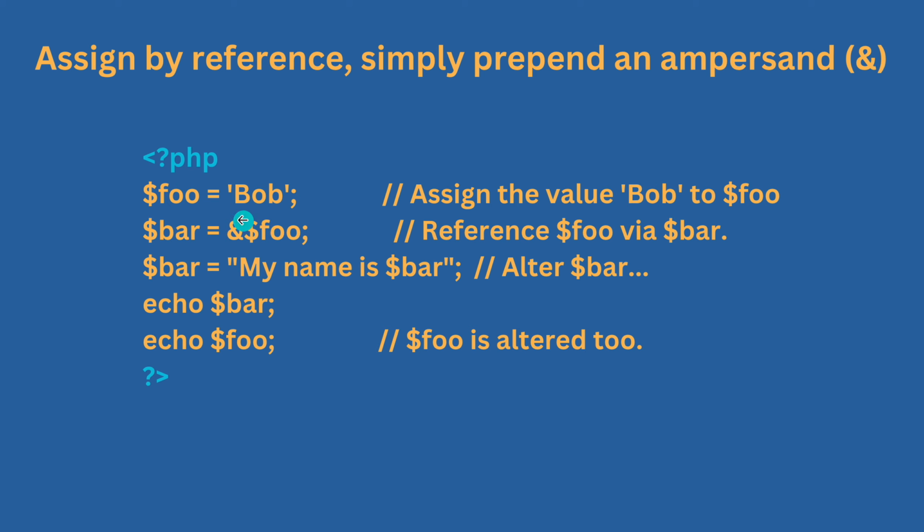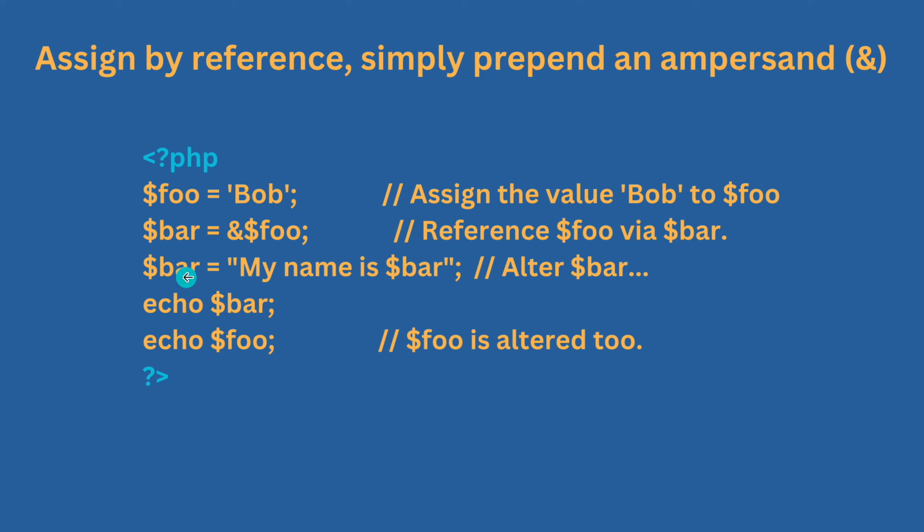We are giving a reference of this variable, the address of the location in memory where this is stored. I am giving this address to the bar variable.